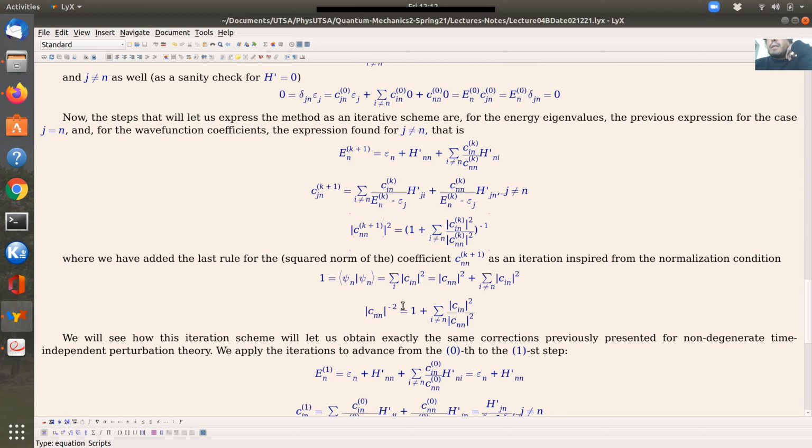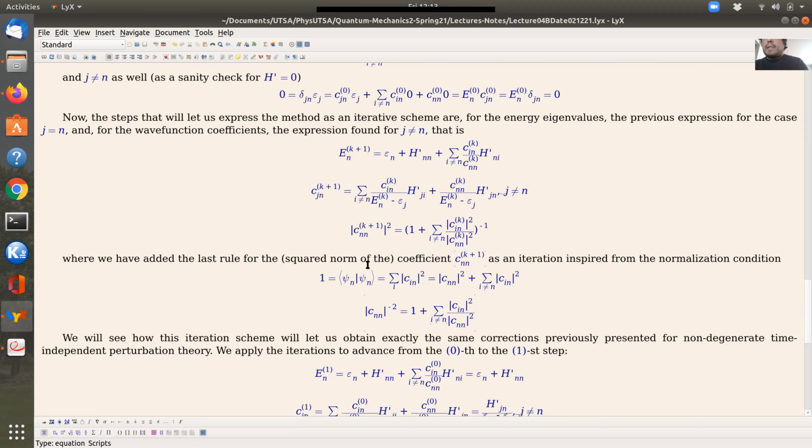Which is basically the sum of the coefficients squared, so the norm squared, of course. And I simply do some splitting between the case i equal to n and the case i not equal to n. If I later divide all this formula by CNN squared, I get that the inverse of CNN squared is 1 plus the sum over all states not equal to n of this ratio.